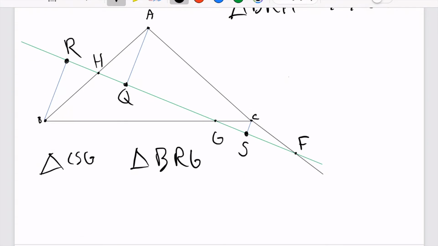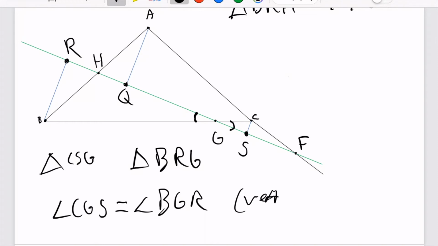This angle here, which is angle CGS, and this angle here, which is angle BGR, are vertical angles made by two intersecting lines, so those will be equal. And I'll put vertical angles in my bad handwriting. I apologize for that.